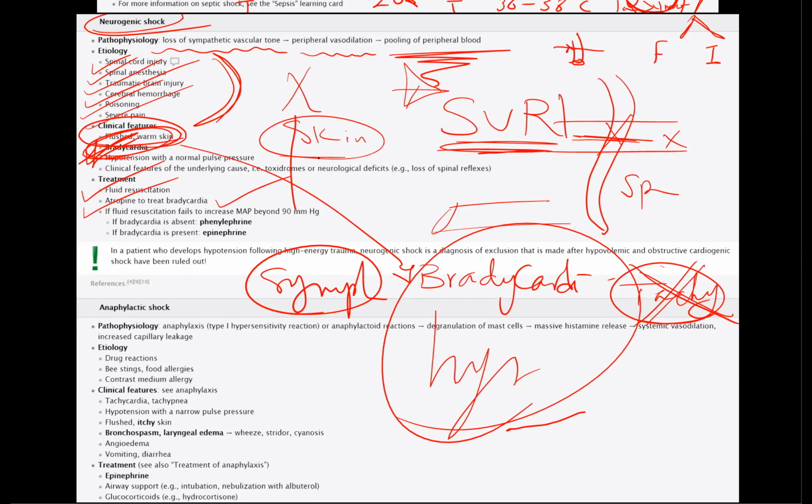If fluid resuscitation fails to increase mean arterial blood pressure to more than 90 millimeters of mercury, we check for bradycardia. If bradycardia is present, use epinephrine. But if bradycardia is absent, it is time to use phenylephrine.